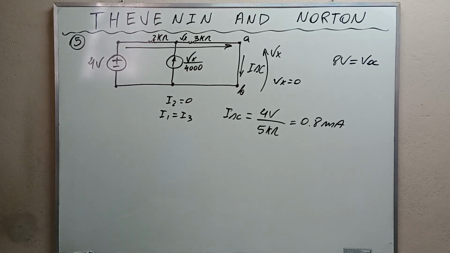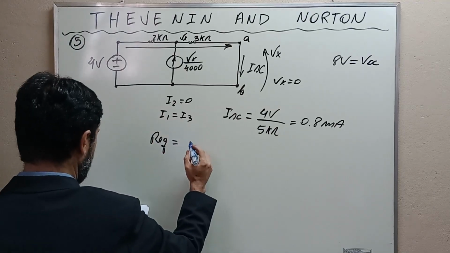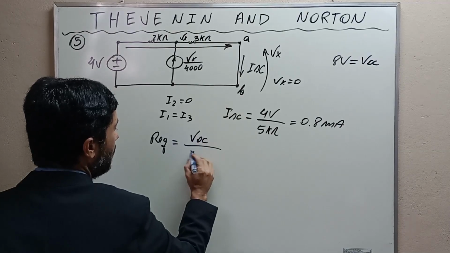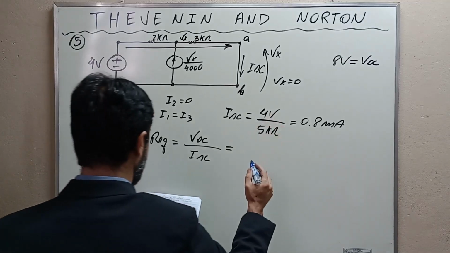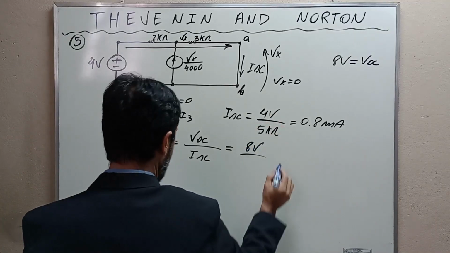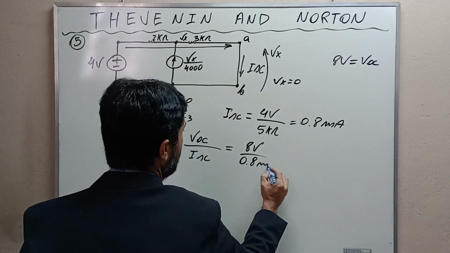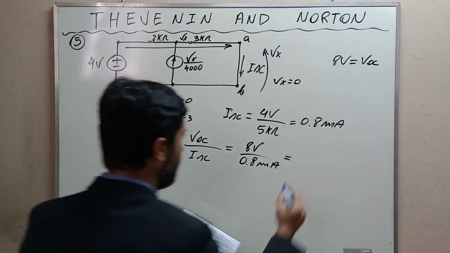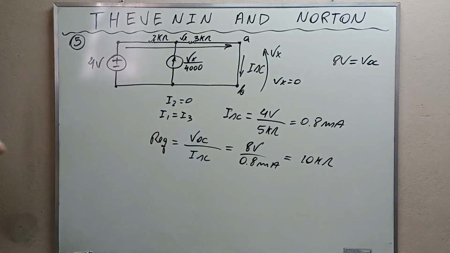The equivalent resistance is equal to the open circuit voltage divided by the short circuit current. The open circuit voltage was 8 volts and the short circuit current is 0.8 milliamps, and dividing we find 10 kilo ohms, okay?